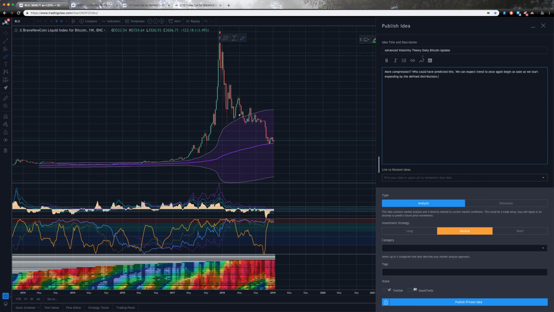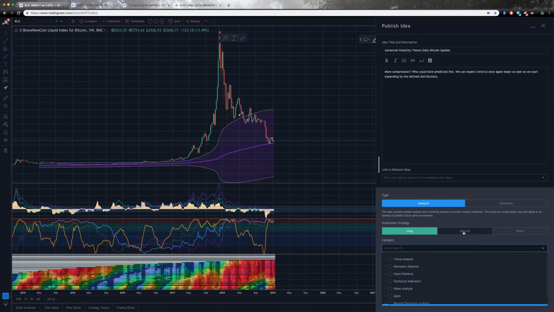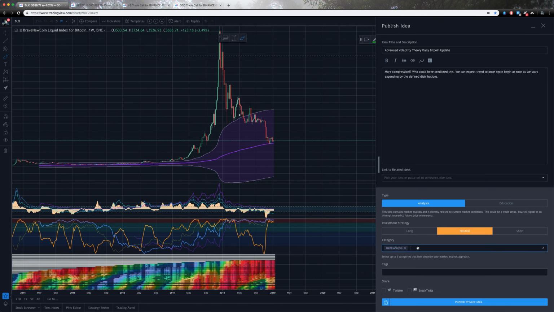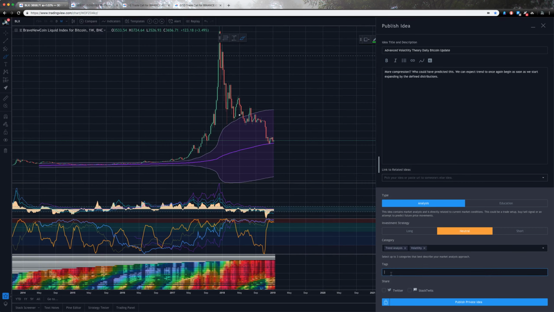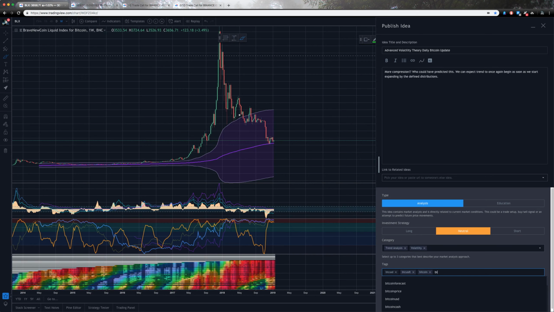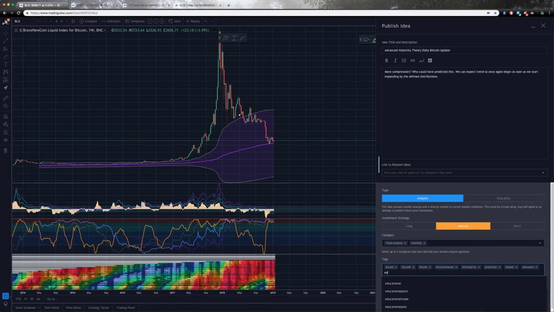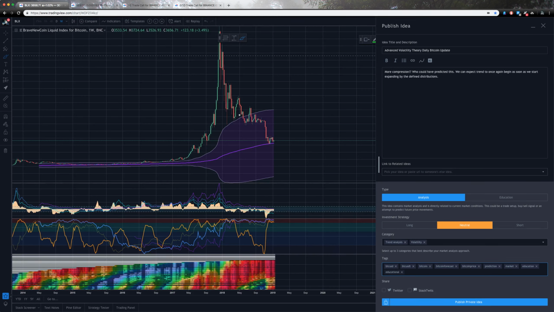No cap. Okay. Long position. Actually, neutral. I'm going to have that neutral. Trend analysis. Volatility. Tags: BTC USD, BTC USDT, Bitcoin, Bitcoin forecast, Bitcoin price, prediction, market, educational, education, theory. Okay, too many tags. Perfect. Publish idea.